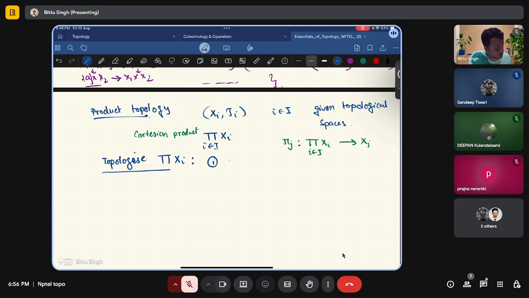So we can form a basis, a subbasis, like this: pi i inverse of some Ui, where i belongs to I and U is open in Xi, that is, Ui belongs to tau i.